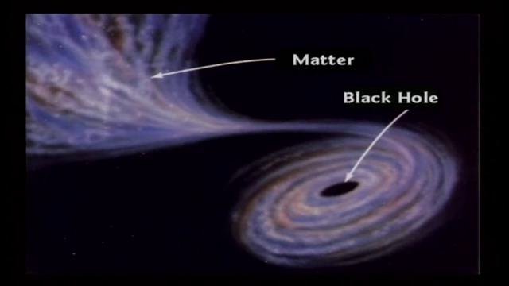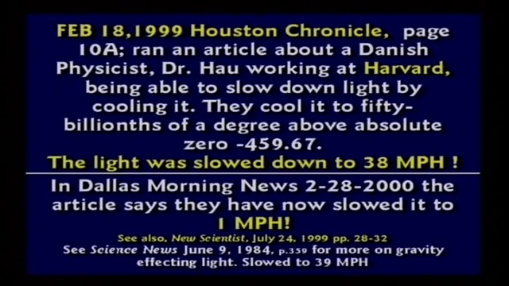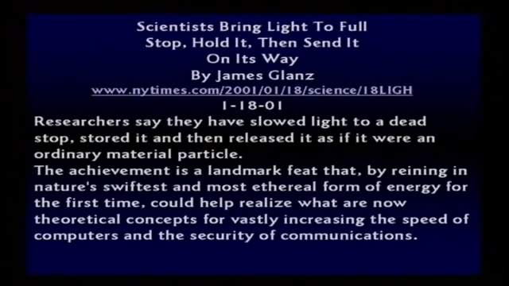Back in February of '99, the Houston Chronicle ran an article telling how some scientists at Harvard had slowed light down to 38 miles an hour by cooling it. Then, they announced in February of 2000 they slowed it down to 1 mile an hour. Then in January of 2001, they totally stopped light.